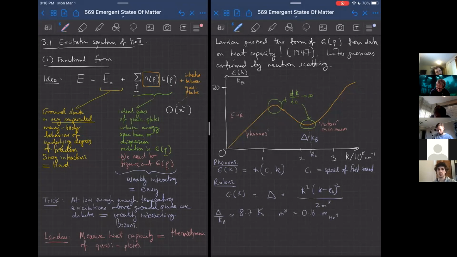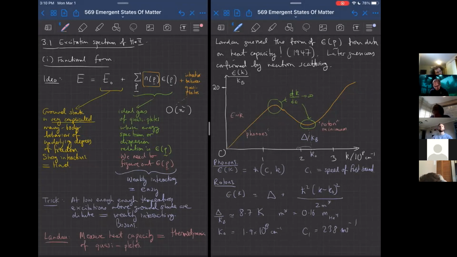K naught is about 1.9 times 10 to the 8 per centimeter. I've drawn this over here, it really should be over there, so sorry about that. And c1 is about 238 meters per second. So this is what happens.